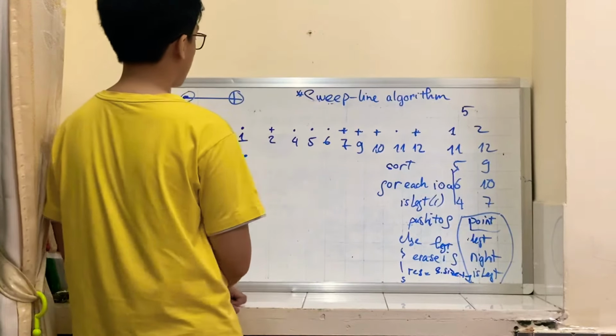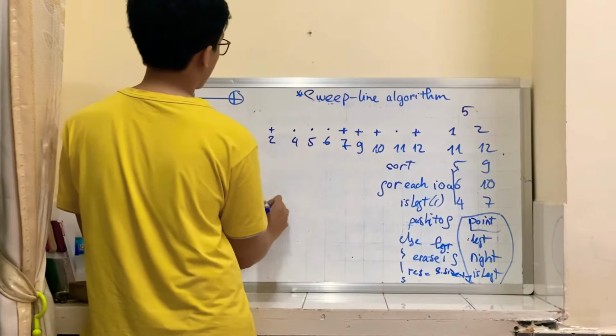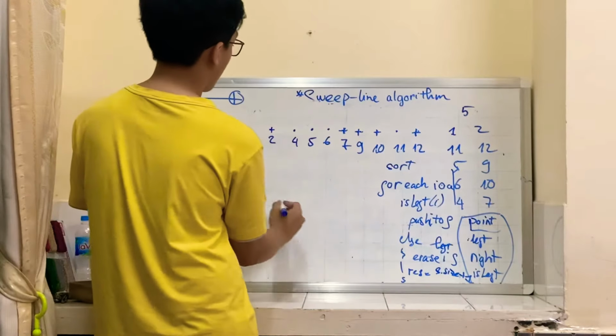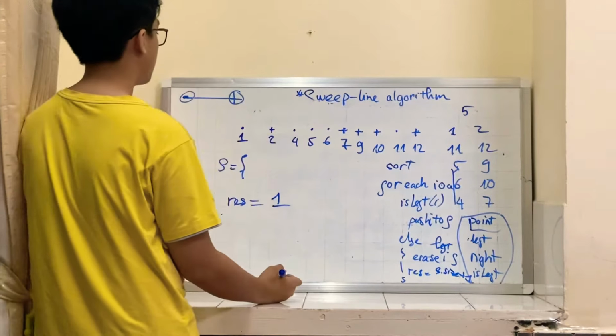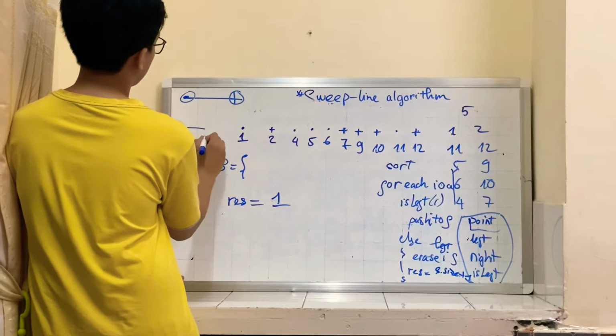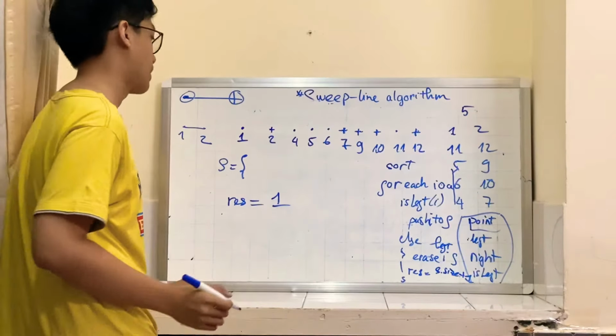Then we maximize the answer. The result will be the size of the set plus 1, so it's equal to 1, and here only one line, 1 2, intersects itself, so it's 1.